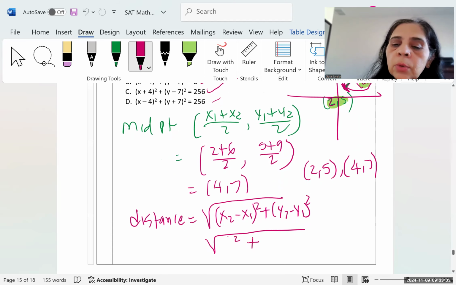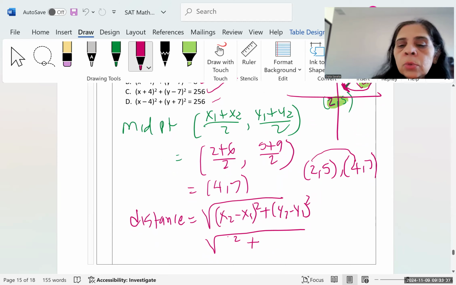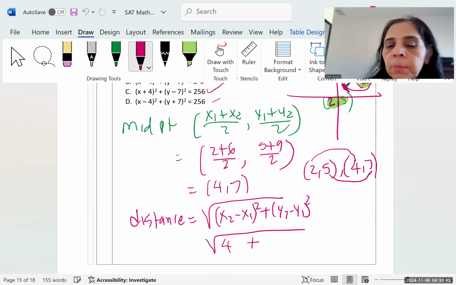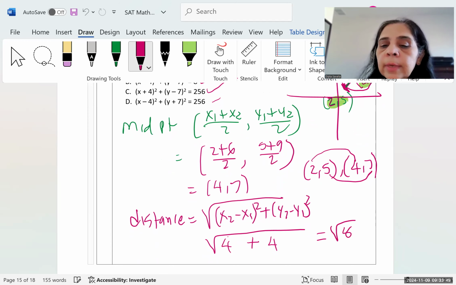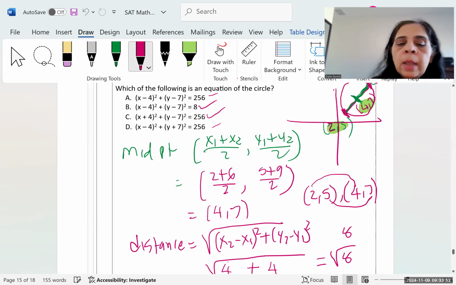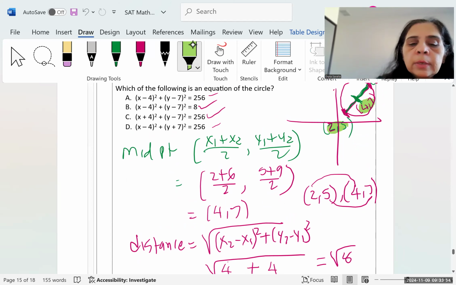We take the x values: 4 minus 2 is 2, and 2 squared is 4. And for the last one, we take 7 minus 5, which is 2. 2 squared is 4. So the square root of 8. That is the radius, right? Now we know our center is 4, 7, and the radius squared is 8. And you can also see 8 right here, with x minus 4 and y minus 7.